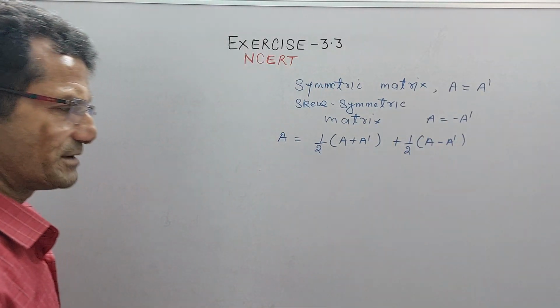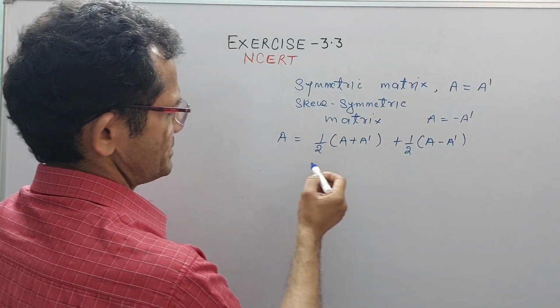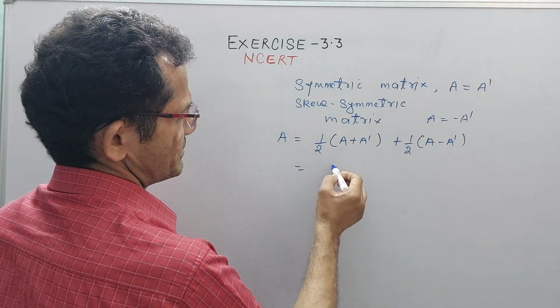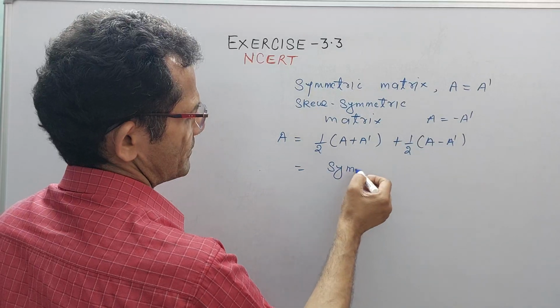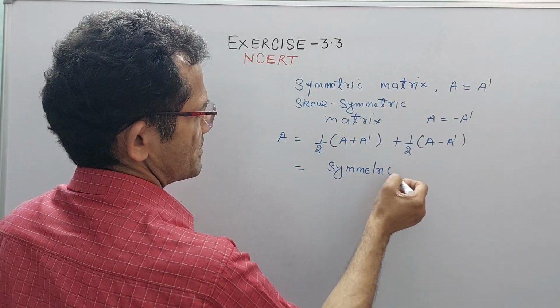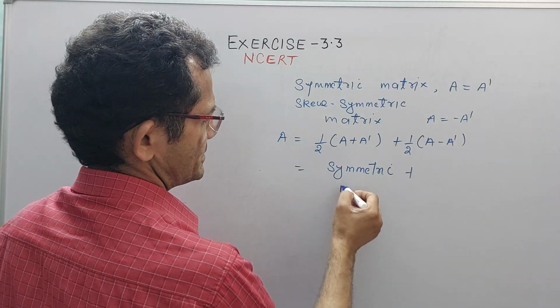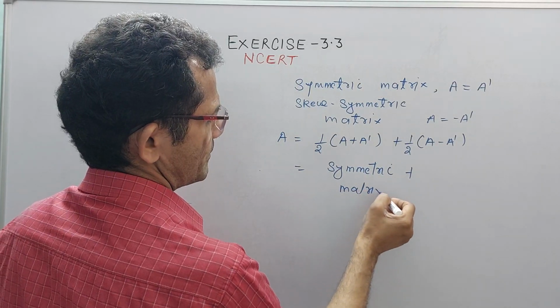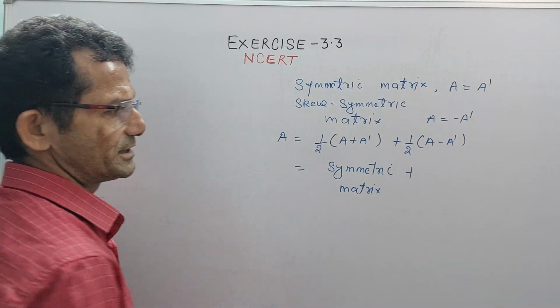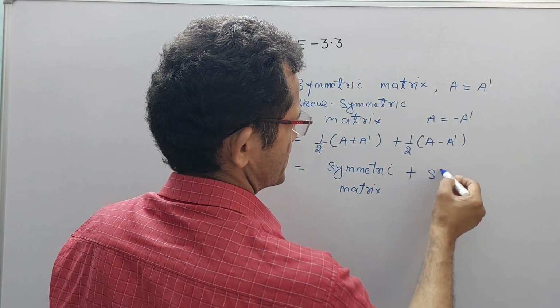So any matrix can be written in this format. The first term is for the symmetric matrix, and the second, half of (A minus A dash), will be for the skew-symmetric matrix.